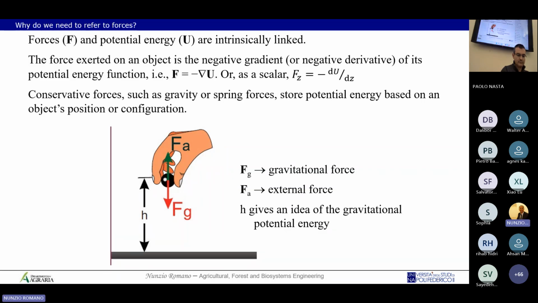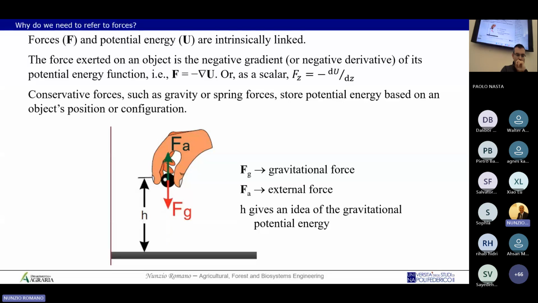I did this very simple example, and why? Because the gravitational potential is very easy to understand, and you know this from your previous studies at the grammar school, at the elementary school. You have the idea of the action of gravity.